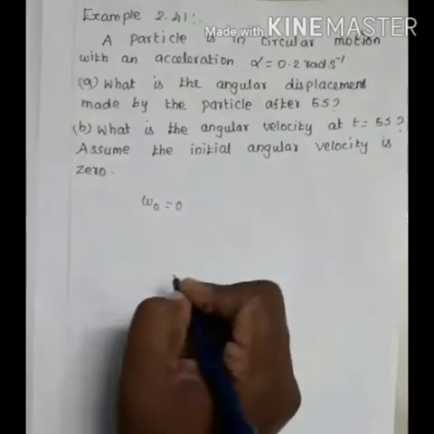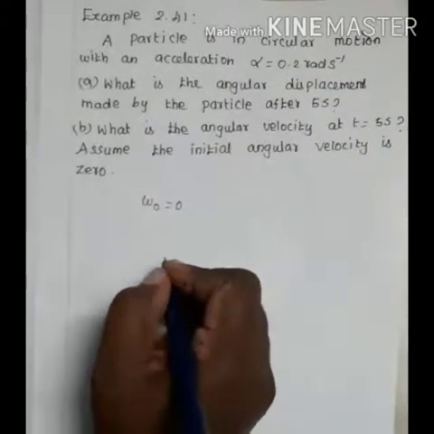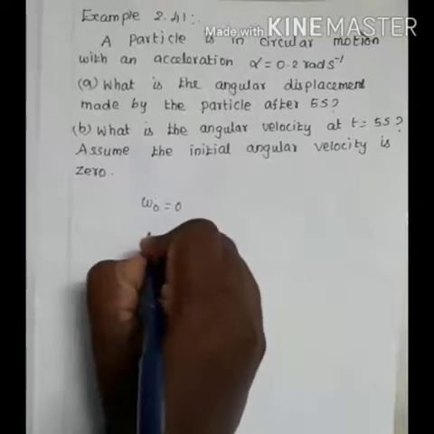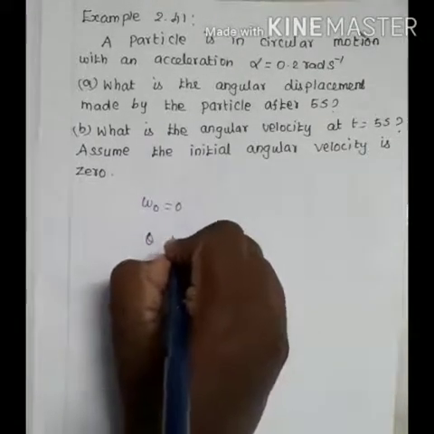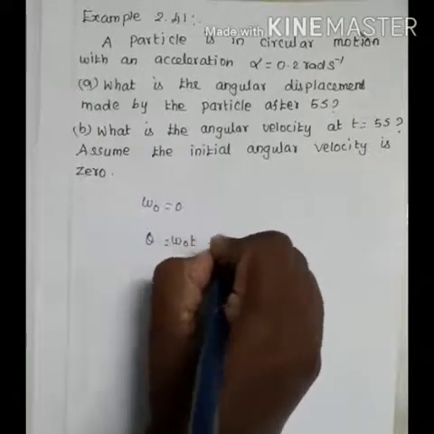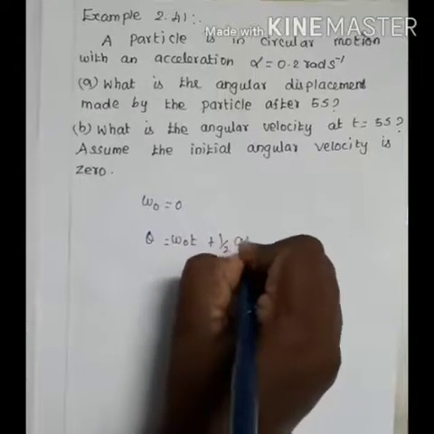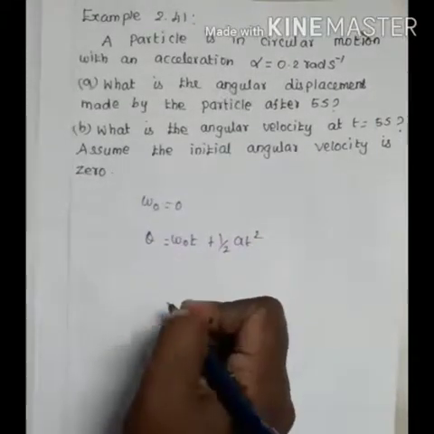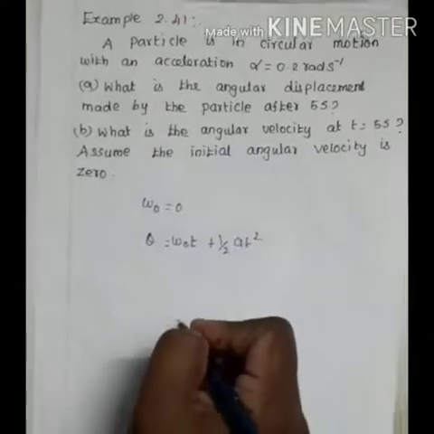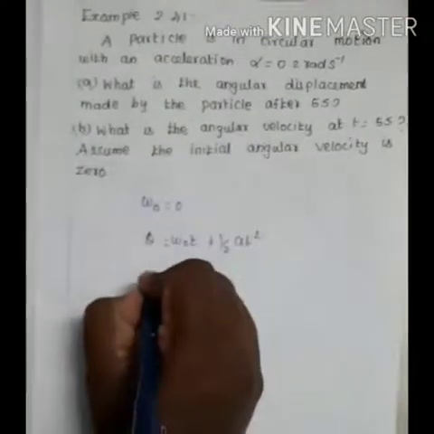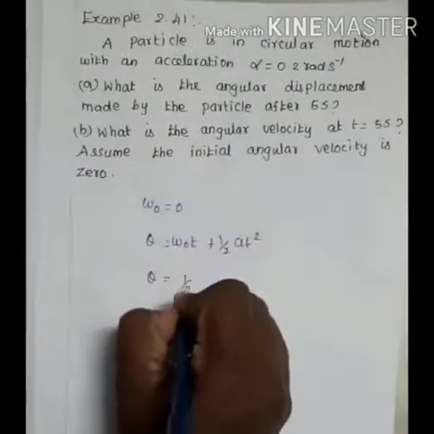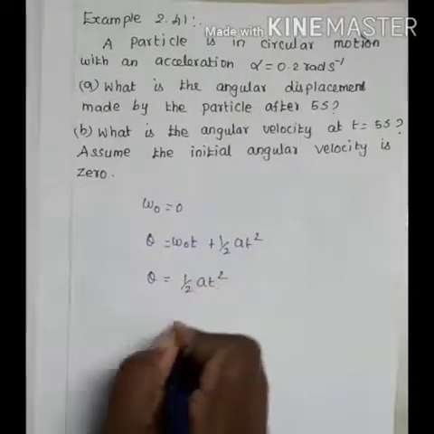The angular displacement made by the particle is given by theta is equal to omega naught t plus half alpha t square. Omega naught value is equal to 0. Therefore, this equation becomes theta is equal to half into alpha t square.